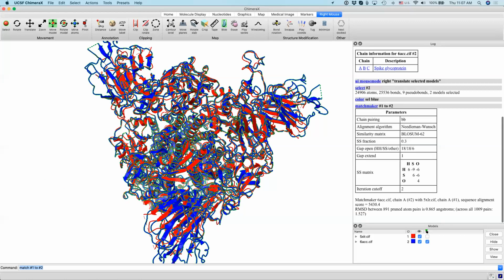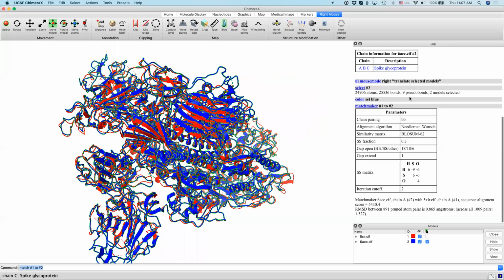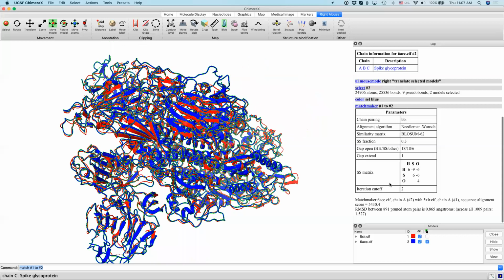Okay, so if you got the same result, you should be able to see here in the log window how it was done. And we talked last time about BLOSUM62, missing loops.